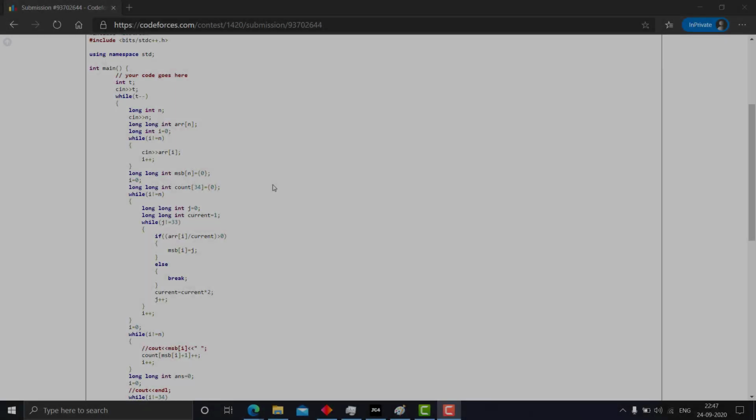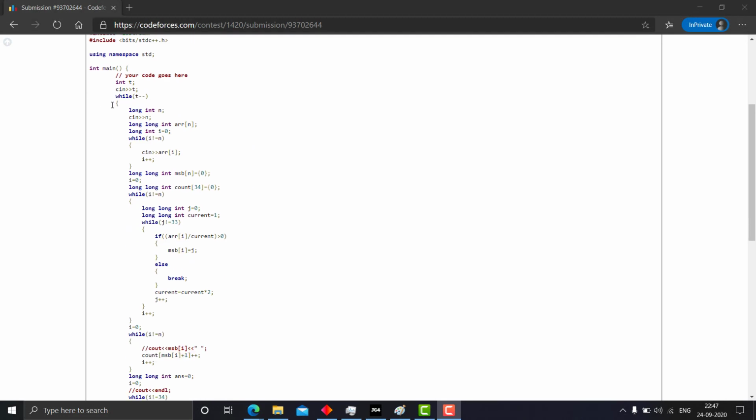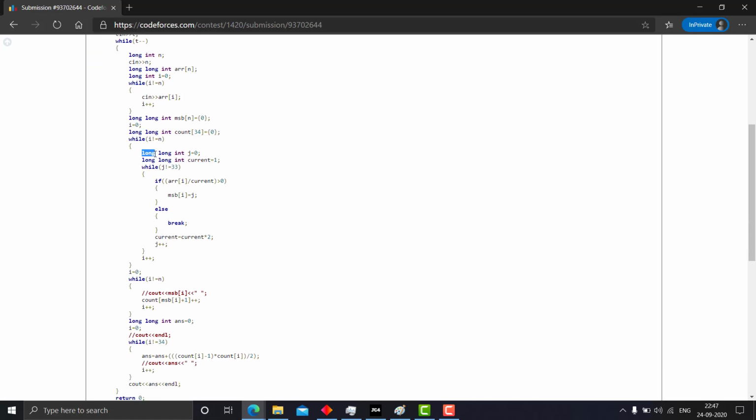Now let us look at the code. Basically we take in the number of test cases, the number of numbers, and the numbers. Then we keep an MSB of n and a count array of size 34, as 2 raised to 34 minus 1 is much greater than 10 raised to 9, so the most significant bit cannot be greater than 34. Then I run a loop on j while j is not equal to 33.